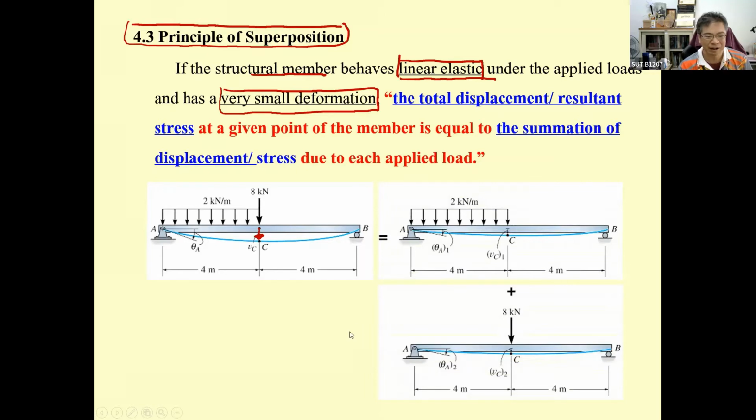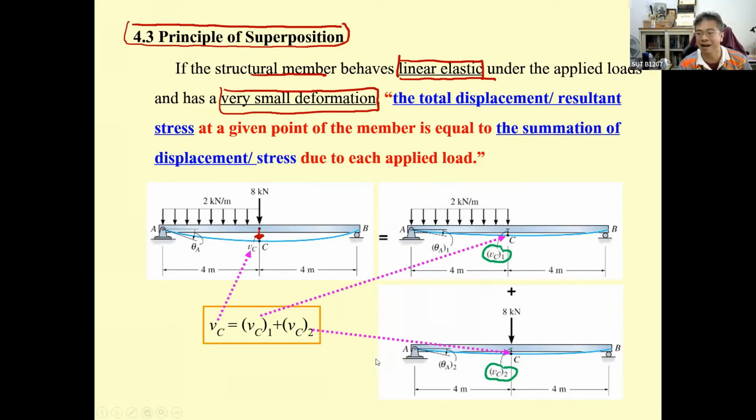Then it's going to be easy if you go to chapter 11. You have a deflection table. You can determine the deflection for each case, and then combine them. This is based on the principle of superposition.